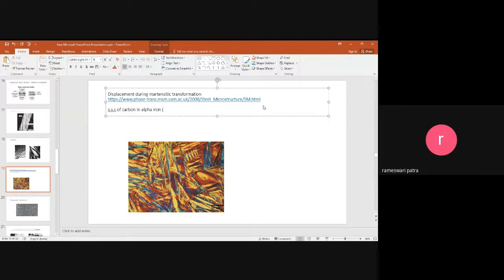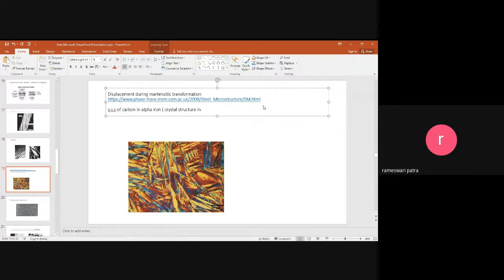I have already written it over here. Substitutional solid solution of carbon in alpha iron. Very good.